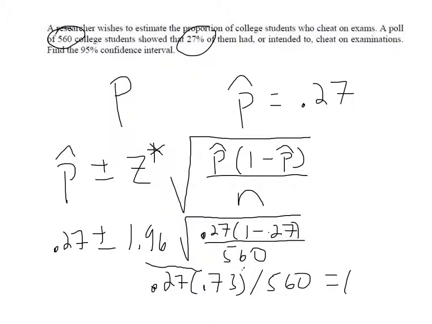One easy way to do that is to raise it to the 0.5 power, or you can find your square root key. People have a problem with that sometimes. Once you've got that answer, you multiply it by 1.96, and that should be your margin of error. I'll go ahead and calculate that and do this on the next screen.